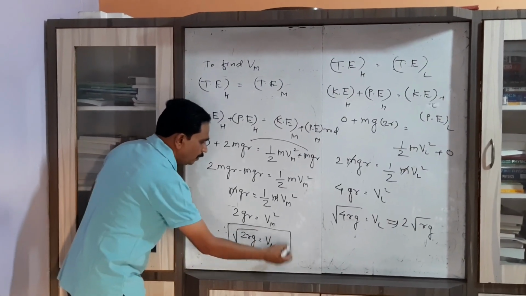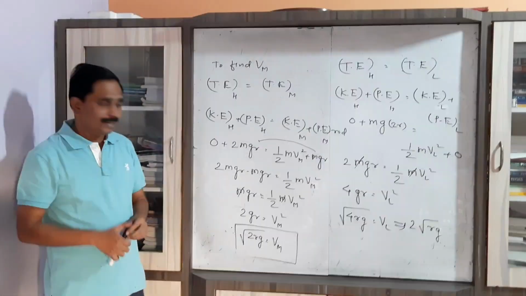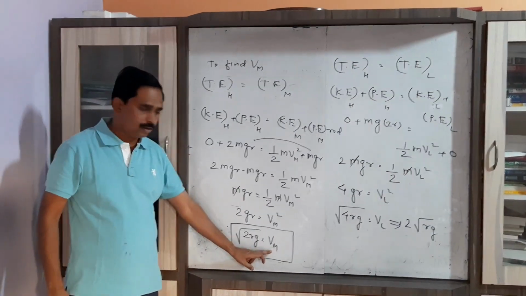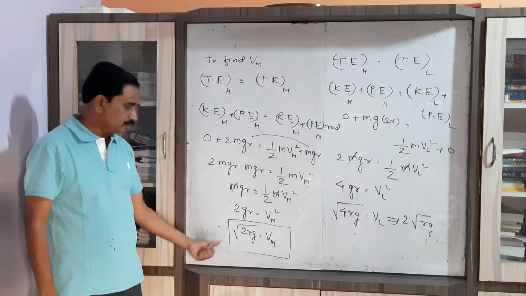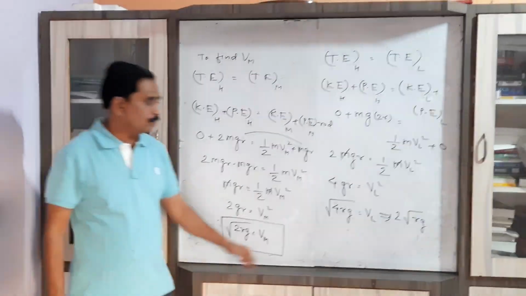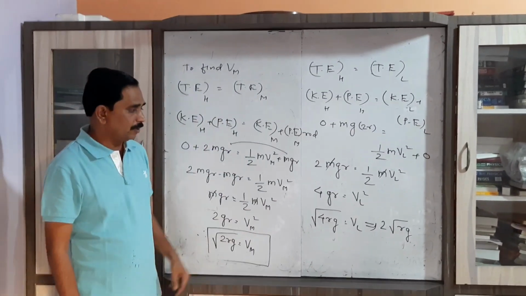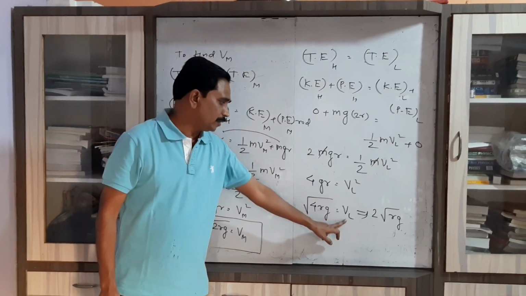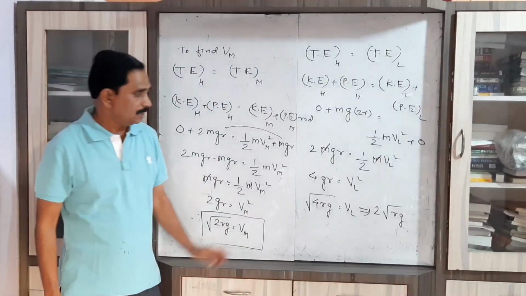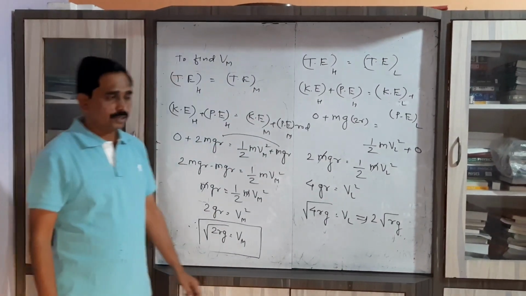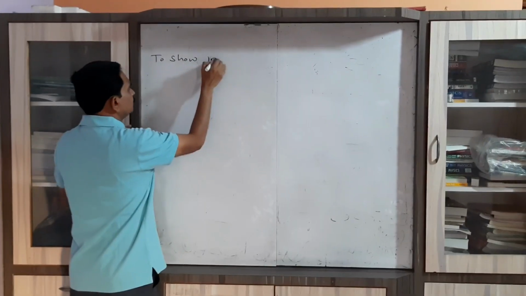So this is the value of velocity of the body at the horizontal or middle position when we use the rod, and the value for the same body at the lowest position is equal to under root of 4rg or twice into under root of rg.